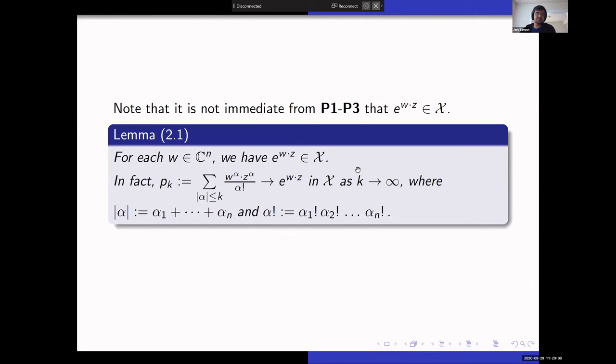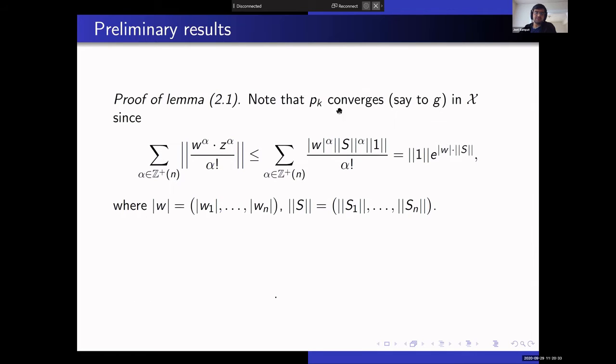But it's easy to see, as we can see from this lemma, that for each w, this function belongs to X. And in fact, its truncated power series converges to the function in X. So p_k is the truncated power series, meaning I stop when the total degree is less than or equal to k, and I call it p_k. And the proof of this is simple. First, we show that p_k converges in X because this series converges absolutely, as you can see.